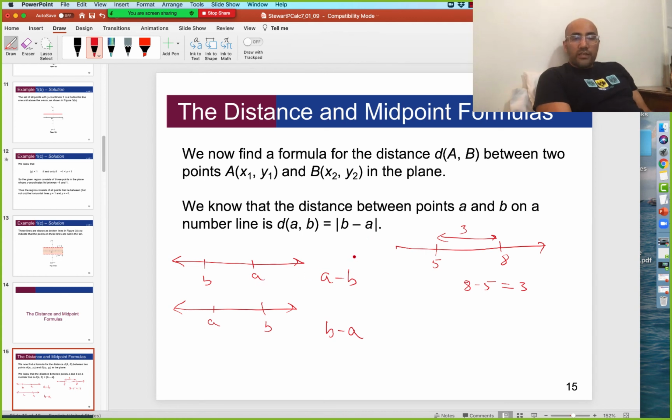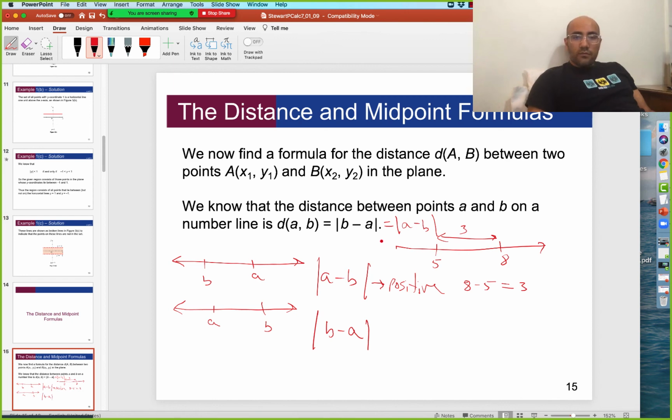But since we don't really know which one is bigger and which one is smaller, what we have to do is slap an absolute value around them, and then I'm guaranteed that the answer will be positive. And it won't matter anymore. So it doesn't really matter whether you think of this formula as the absolute value of b minus a. It's the same thing as the absolute value of a minus b. So the order doesn't matter as long as you have absolute values. Is that okay? Any questions about that?